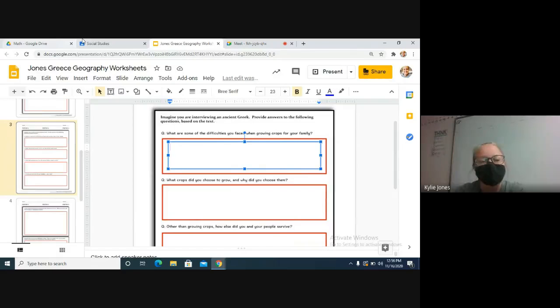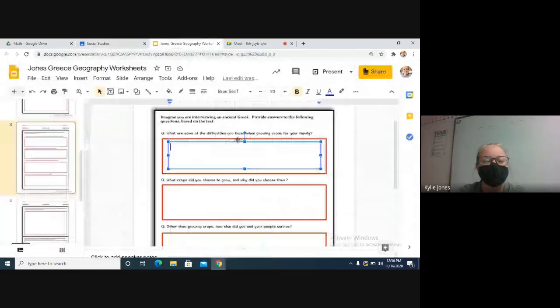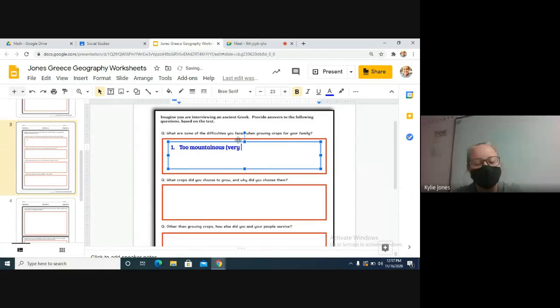What are some of the difficulties in that first paragraph? Good. It's too mountainous. There's very little land. There's very little land to actually grow crops on.